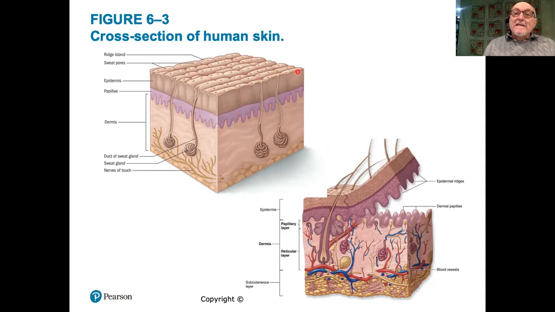These islands are arranged in lines or ridges. It is a reflection of the fact that the dermis underneath, which generates all the cells above, is organized into these hillocks. And the hillocks produce these islands.